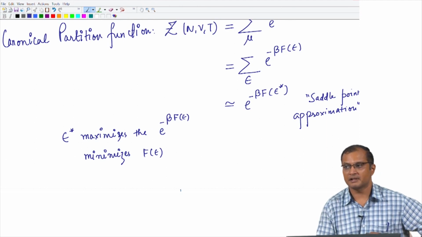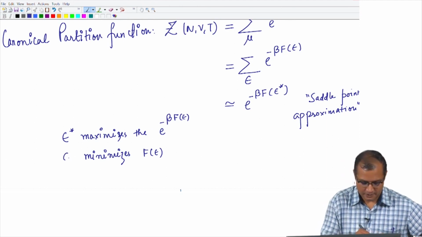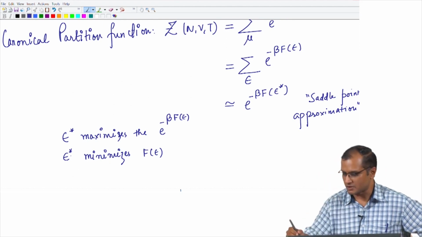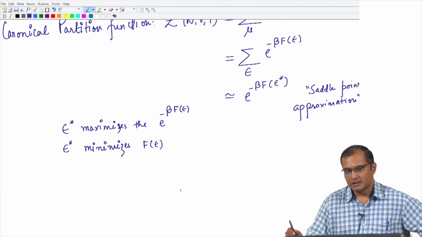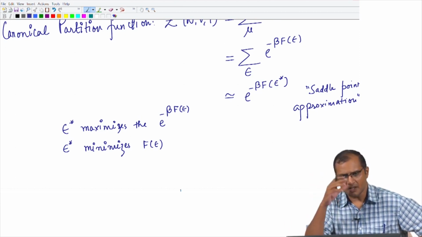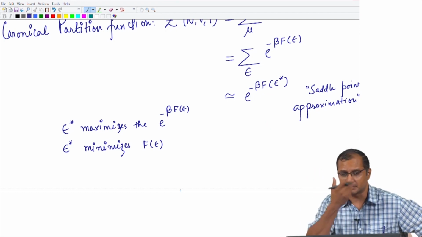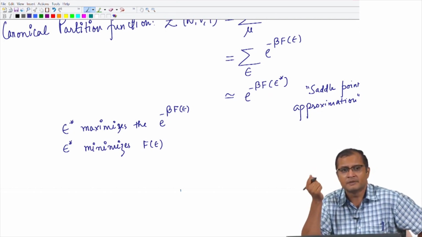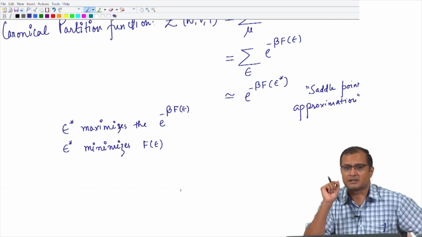Okay. So, E star is a maximum of e to the power minus beta f, but it is the minimum of the free energy. So, conceptually this means that if you leave a system connected to a heat bath allowed to equilibrate, the state of equilibrium would be the state of minimum free energy.